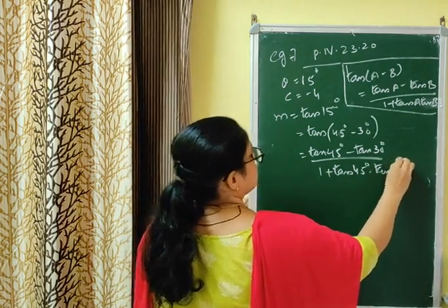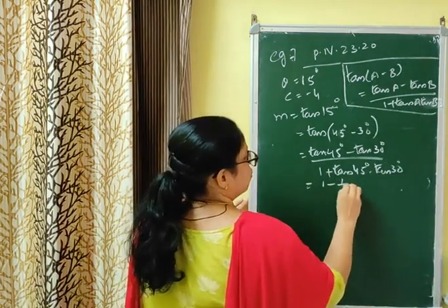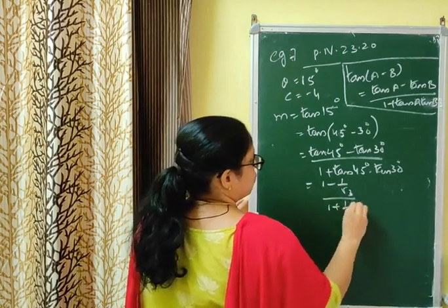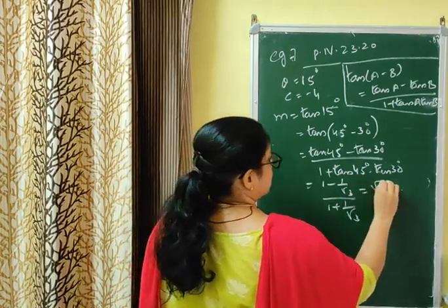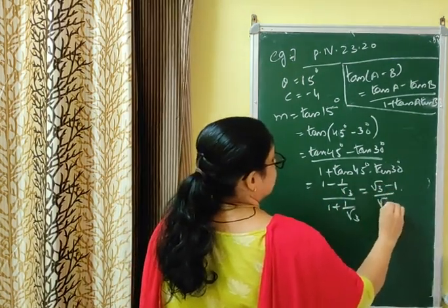Tan 45 is 1, so it is (1 - 1 by root 3) upon (1 + 1 by root 3). If you solve it, you get (root 3 - 1) upon (root 3 + 1).